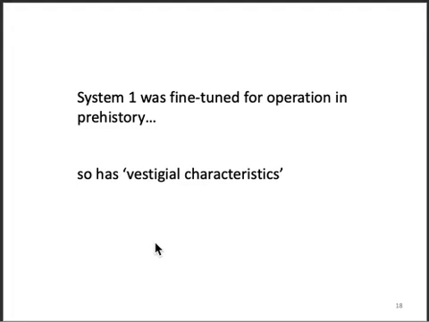And so its operation has certain characteristics that are carried over from more ancient times when they evolved. These are called vestigial characteristics.